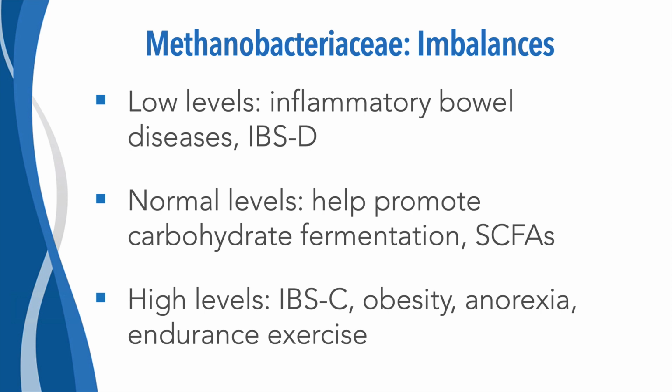So it appears that either extreme can result in the promotion of high levels of methanogens. And then also interestingly, high methanogens have also been linked to endurance exercise. So there's some really interesting metabolic links between methanogens, especially high methanogens, and various types of conditions or circumstances.